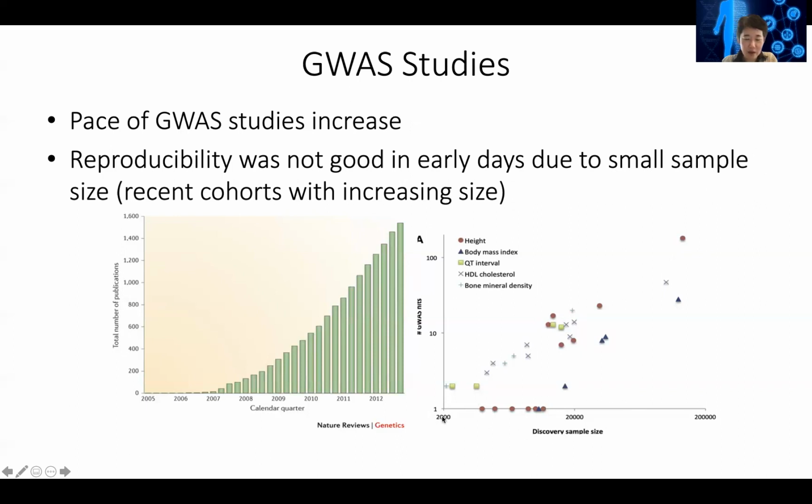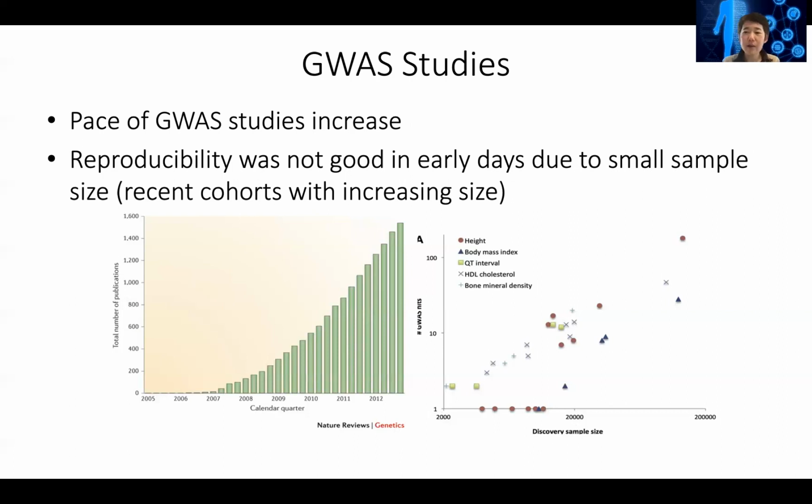Early days it could be a few hundred or a few thousand, then 20,000 and even 200,000. And now with more and more people doing genome sequencing, you might even have huge cohorts of close to 1 million individuals to look at association.